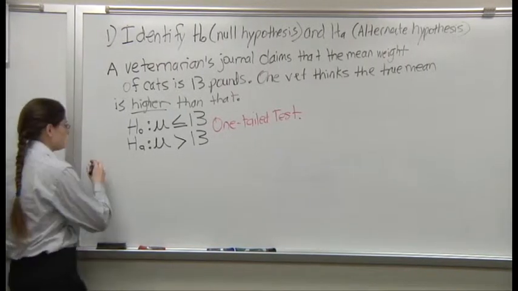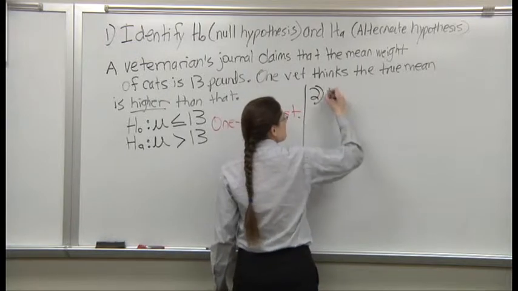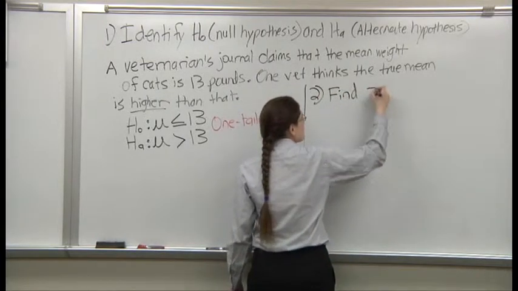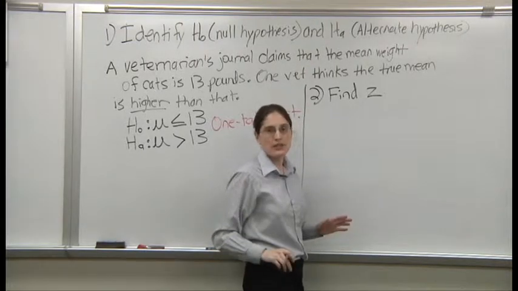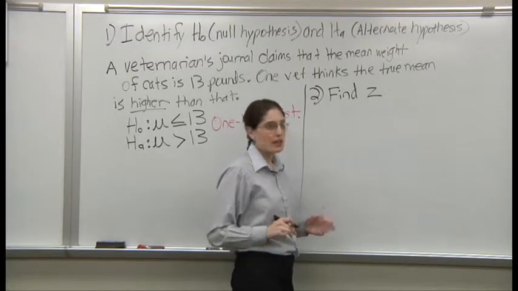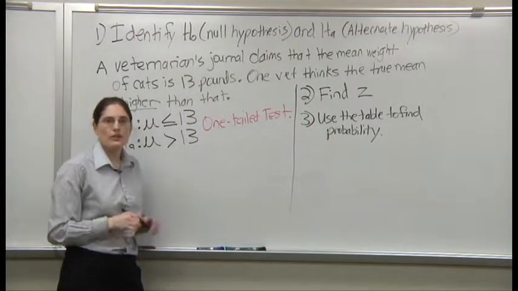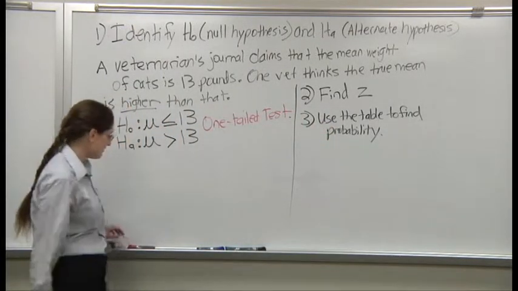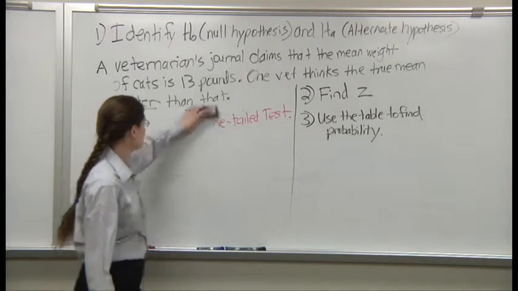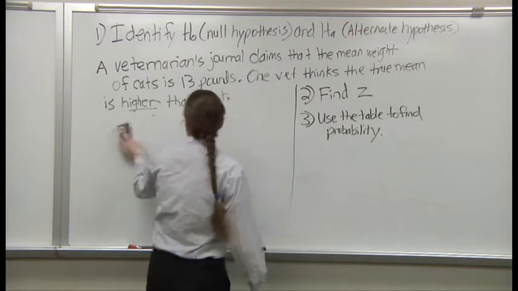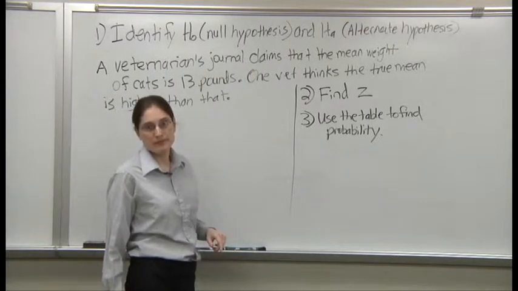Step 2, find z, just the way we did in the previous example with the men. And use the table to find the probability. Now, before we can do that, we need the results of an experiment.